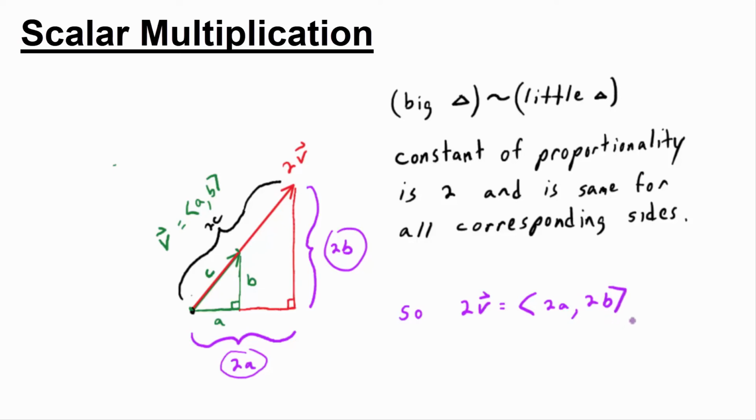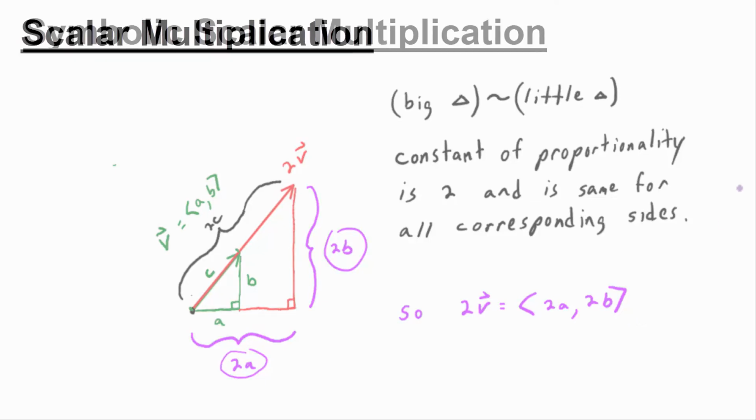So that gives us a guide as to how to proceed generally for the definition of scalar multiplication symbolically. If you have a vector V, and I'll go back to my component form delta x, delta y here, hopefully that doesn't bother you.